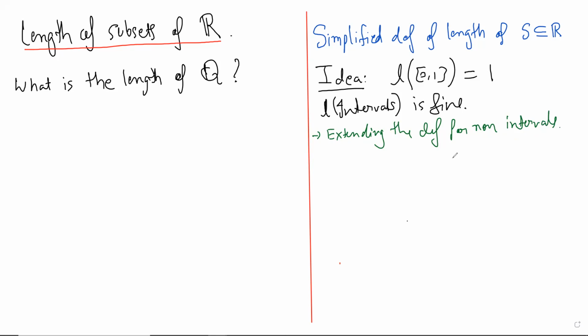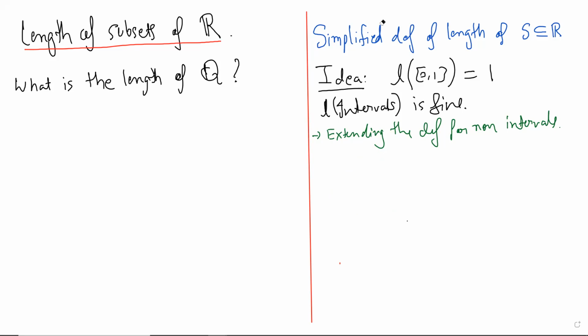This will be similar to what we did for shapes in R2. When you had a shape in R2, we said roughly that you approximate it with small squares, and the sum of those squares will roughly be the area, and you make them smaller and smaller, approximating the set better and better.